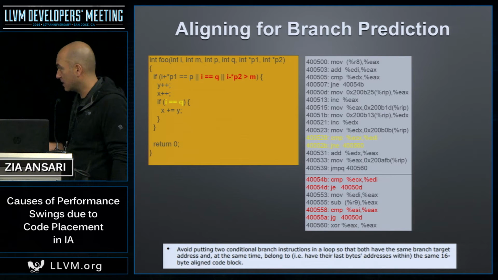As we can see here, we have a branch that goes to 40050D and another one that goes to the same target. And the last byte in these branches is both in the 550 chunk.